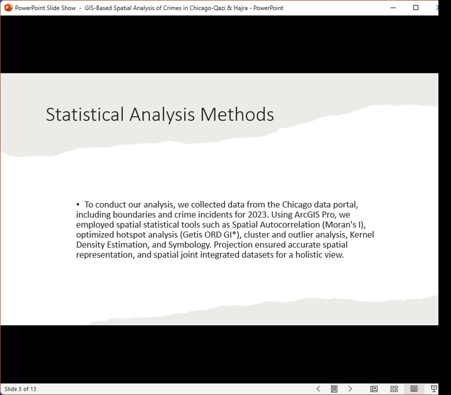For analysis, we used ArcGIS Pro, also spatial statistics tools such as spatial autocorrelation, optimized hotspot analysis, hotspot analysis, cluster and outlier analysis, kernel density and symbology. These tools serve as analytical detectives.